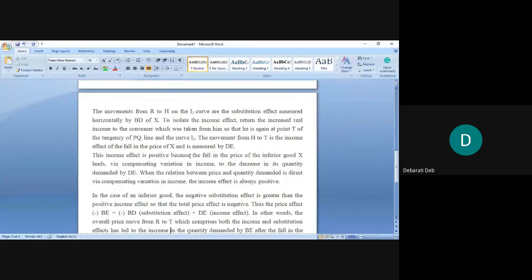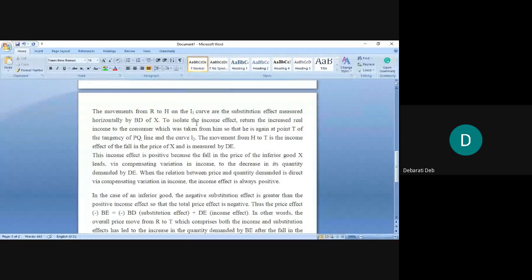To isolate the income effect, now we will isolate, like last time also we were isolating the substitution and income effect. This time also we will isolate. To isolate the income effect, return the increased real income to the consumer, which was taken away from him, so that he is again at the point T of tangency of the PQ1 line and the curve I2.